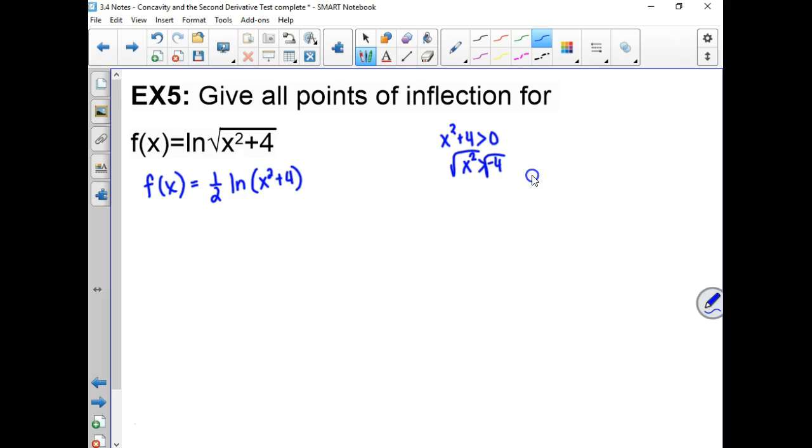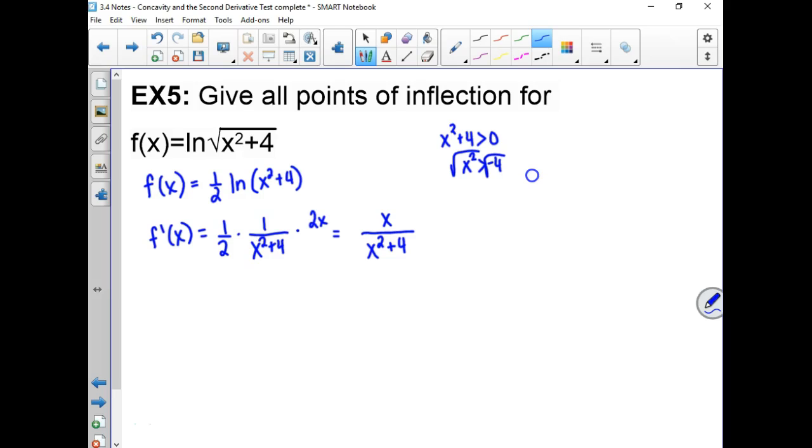So when we take our first derivative, the 1/2 stays out front, and then we'll have 1 over x squared plus 4 times the derivative of x squared plus 4, which is 2x. The 2 in that 2x and the 2 in the denominator of the 1/2 are going to cancel, so we're just going to get x over x squared plus 4.